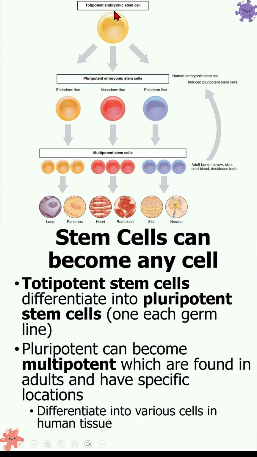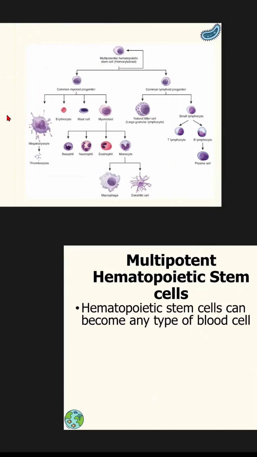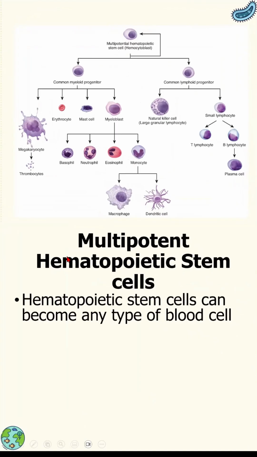So they were a totipotent embryonic stem cell that then became a mesoderm pluripotent stem cell, which then became these cells right here. And so we call them multipotent hematopoietic stem cells. And as I already mentioned, they can become any type of blood cell.